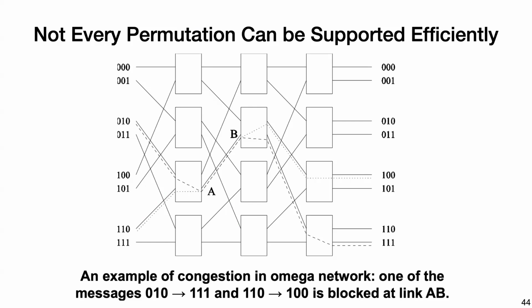So sometimes the questions can be of the form, given an omega network and given a permutation, can it be routed efficiently through this thing, or does it encounter some cases where there's congestion? It can, sometimes, depending on the permutation, even if the permutation is not hypercubic, it sometimes can be routed efficiently.